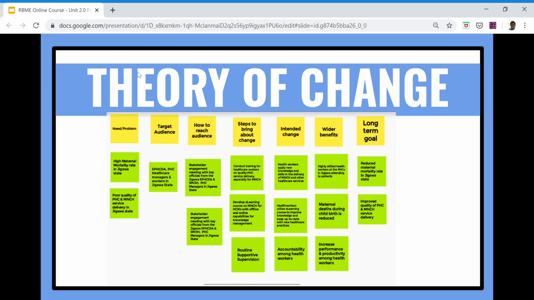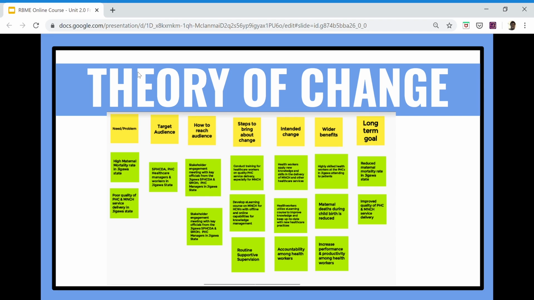Then you move into the dimension of, after the inputs and the activities have been designed, what exactly you're supposed to do to reach more of those target audience, which will be in terms of your output. So your target audience having access to the products you have designed, coming for your outreaches, being part of your workshops, being part of your mobilizations and rallies, and having access to the loans you have provided for that community.